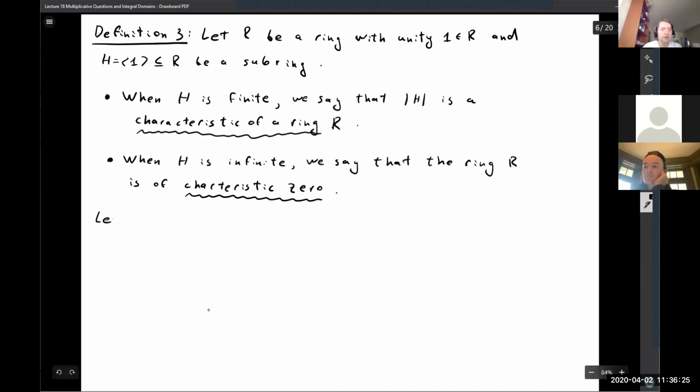So we will have lemma 4, which tells us the following. Again, H is a subring generated by 1.